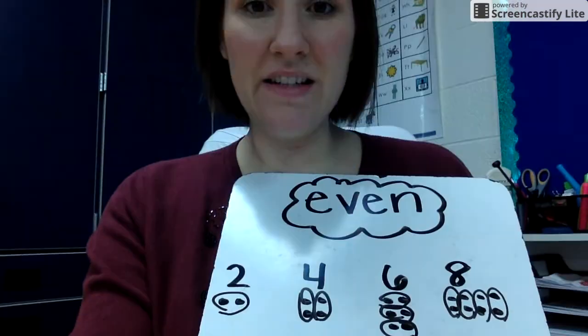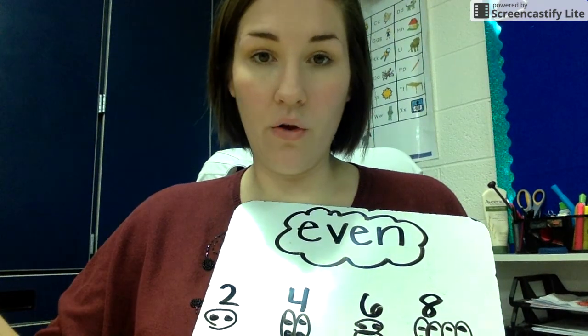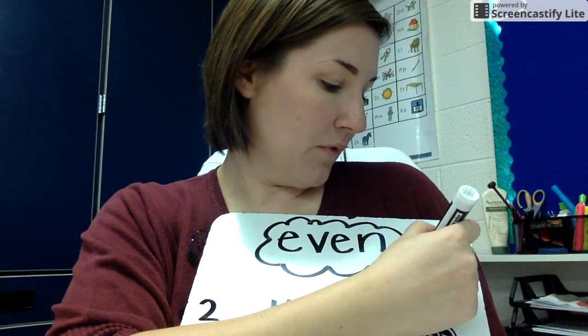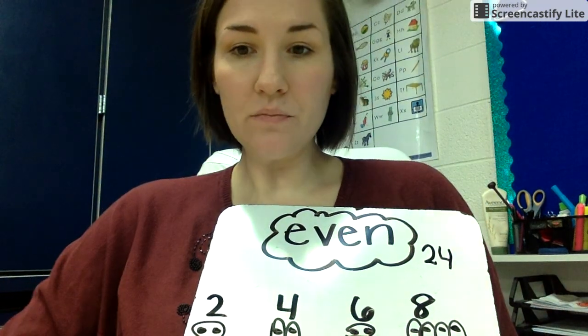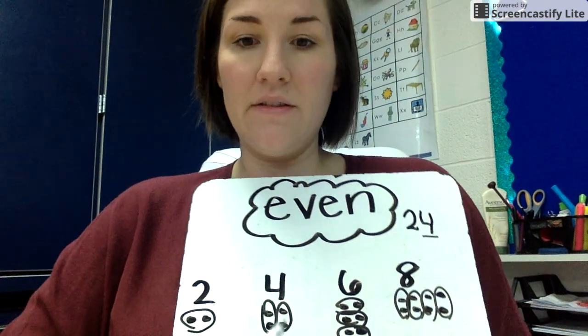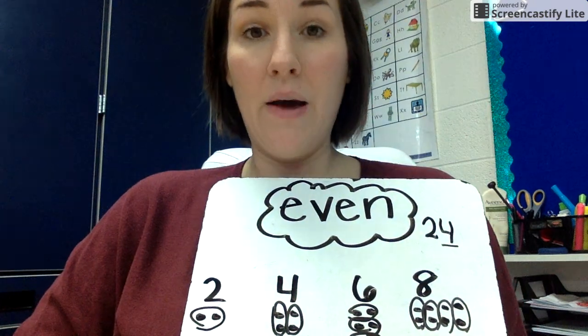Now, when I'm looking at odd and even numbers, it doesn't have to just be these numbers 1 through 10. It can be any number all the way up. So if I have, for example, the number 24, 24 has a 4 in the ones place. I know that 4 is an even number.